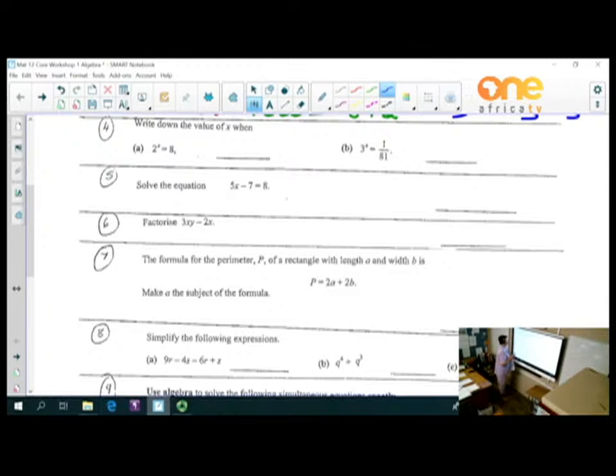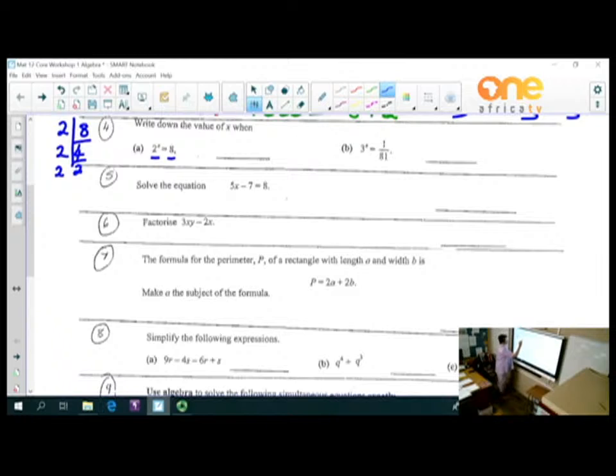So what I do is I need to change them to the same base. So I have to change 8 to the same base. How will I do that? You learned this method in grade 8, where you divide with prime factors. And the prime factor that we're going to divide with here is 2, 2, and 2.